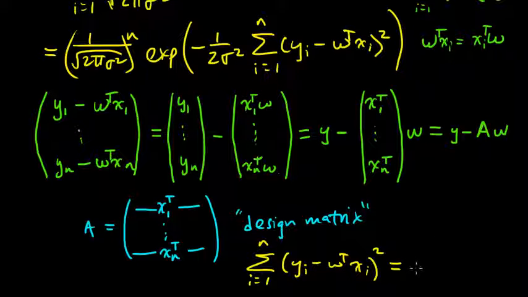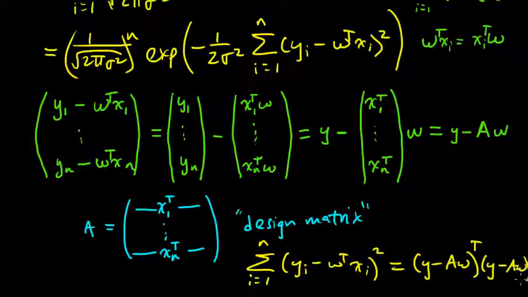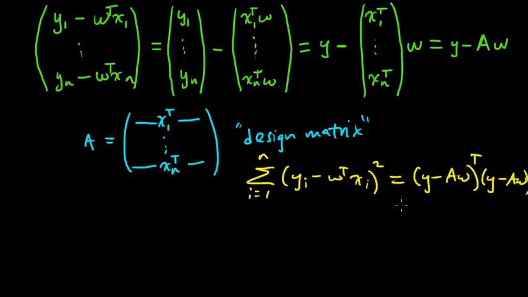I'll write it two ways. It's (y minus Aw) transpose times (y minus Aw). And that's also equal to the Euclidean norm of y minus Aw, squared.